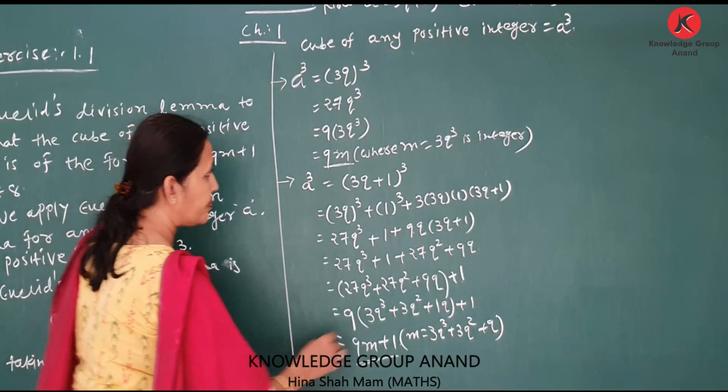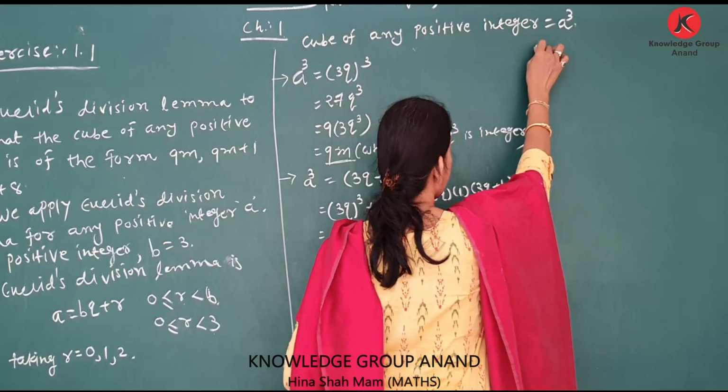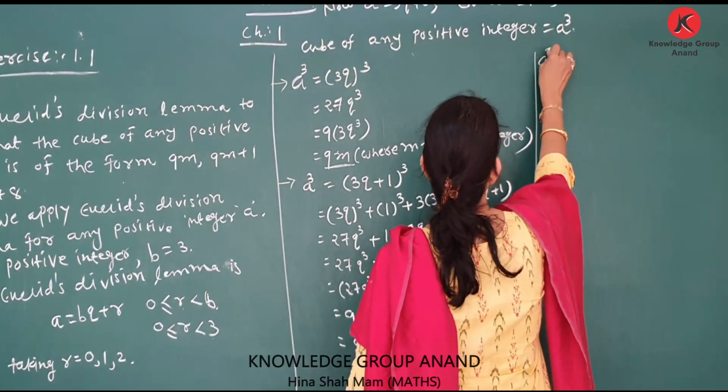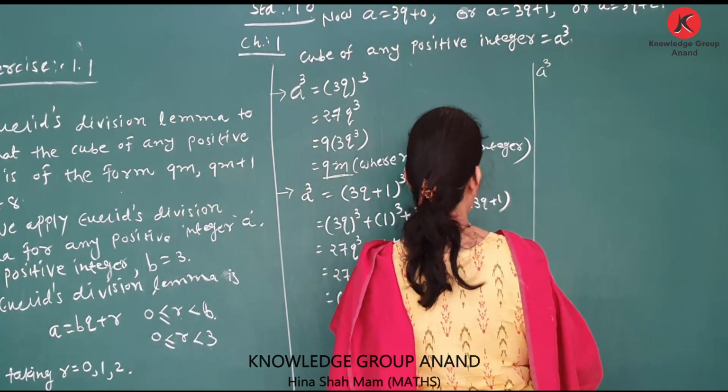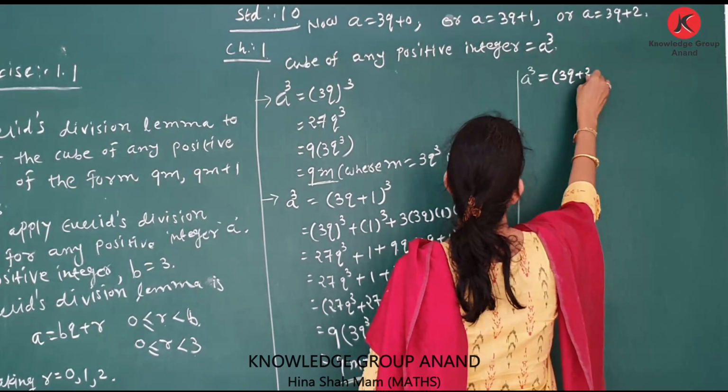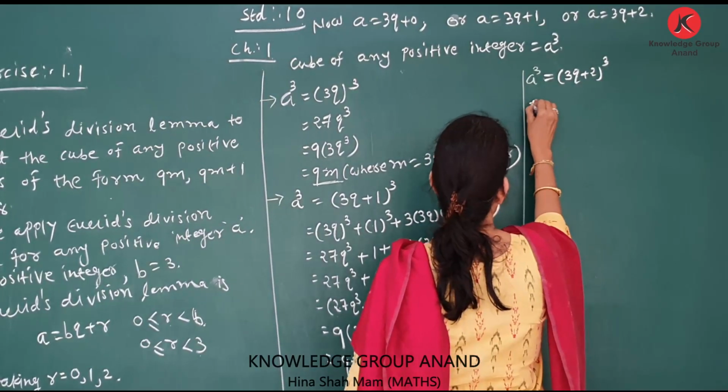Next, A cube is equal to (3q plus 2) cube.